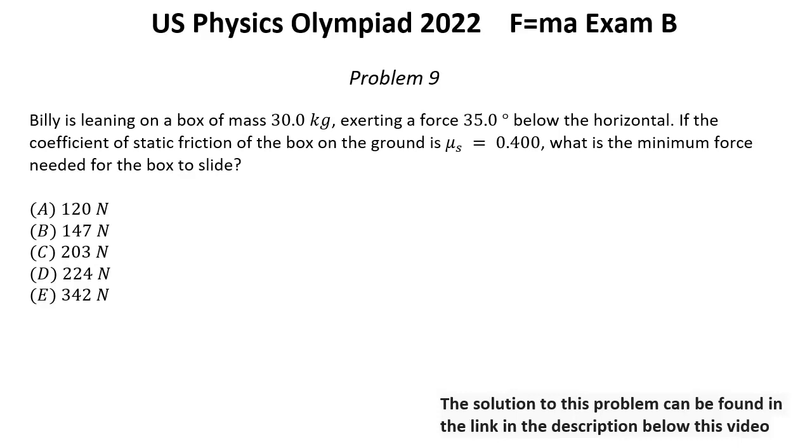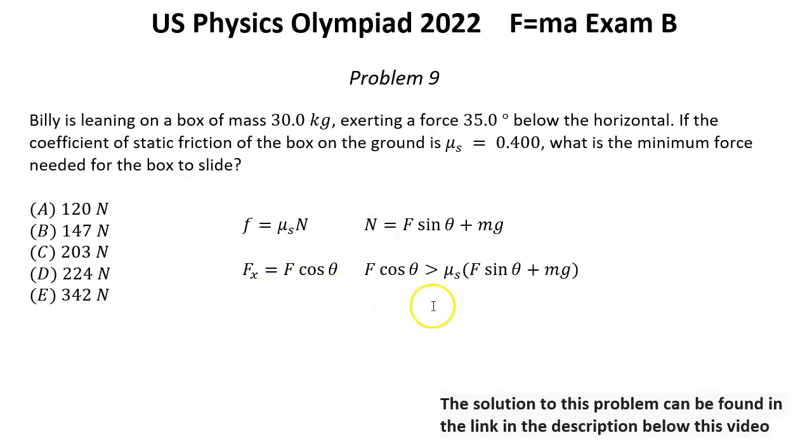Suppose Bill exerts force F, then the maximum friction force equal mu static multiplied by normal force. But normal force equal force F multiplied by sine theta plus mg. So it means that applied horizontal force Fx equal F multiplied by cosine theta, and it must exceed force of friction.